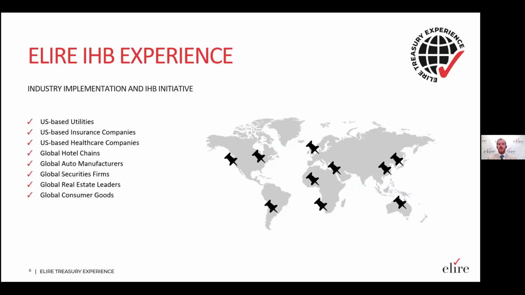We'll talk a little bit too about some of the global things that we've seen with particularly our hotel chains and consumer goods, but we've also worked with global organizations in the securities and real estate and auto manufacturing realms as well. So we'll touch on a little bit of the differences and nuances between the different organizational groups and the different companies and areas that Elire has worked with for IHB.